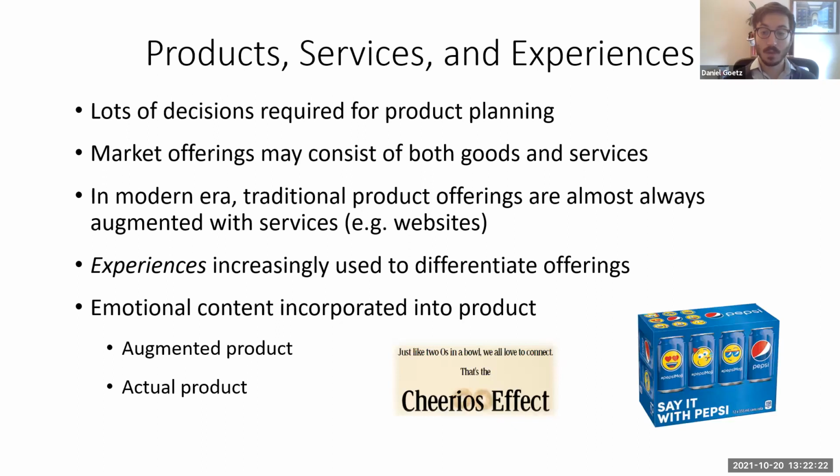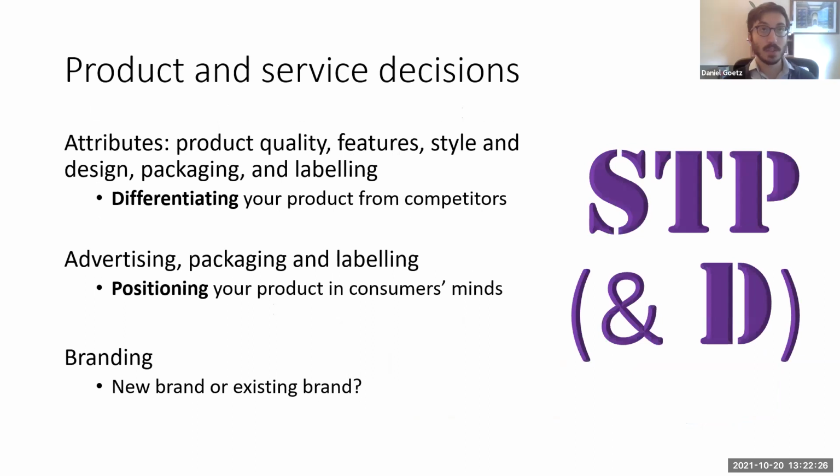Okay, good. So what are the decisions that you need to make with your product at this stage in the process? So you do have your attributes, product quality, features, style and design, packaging and labeling. These are all things that are intended to differentiate your product from its competitors, right? So recall what does that mean to differentiate? So you've picked your target segment.